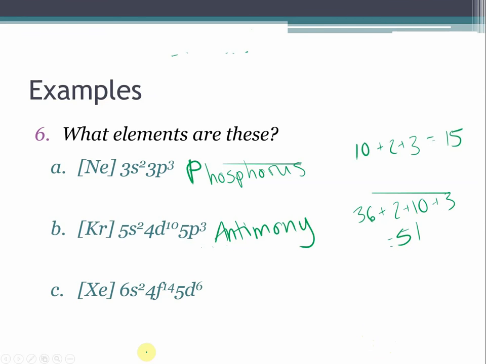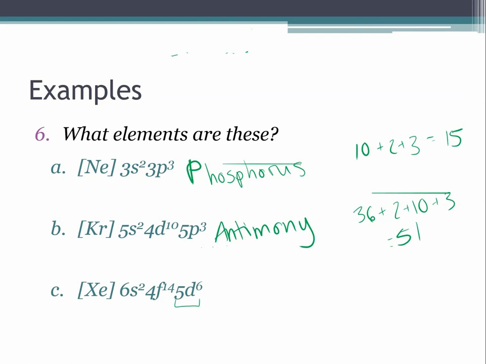Our last one, xenon, 6s2, 4f14, 5d6. The last orbitals we're looking at are 5d6 orbitals. Go to your periodic table, find your 5d orbitals. Those are in the 6th row, and count across 1, 2, 3, 4, 5.